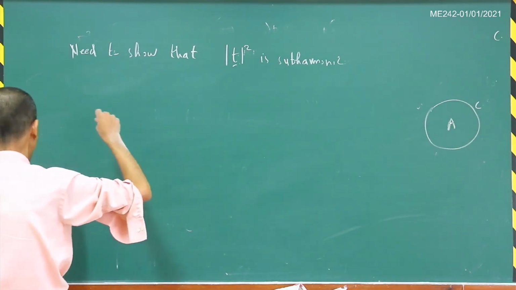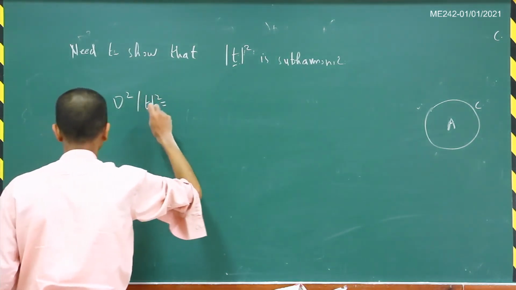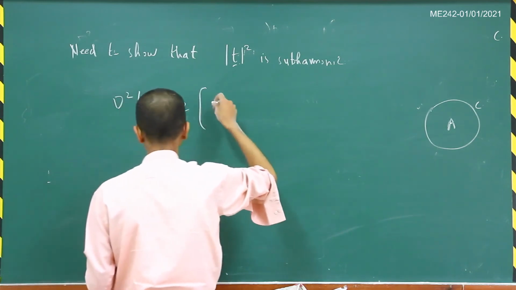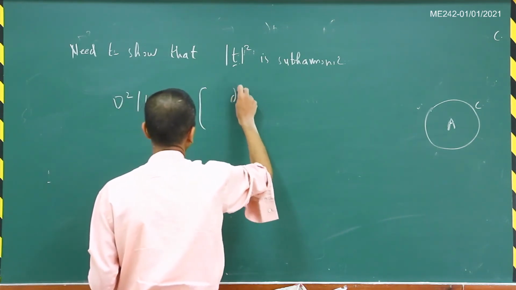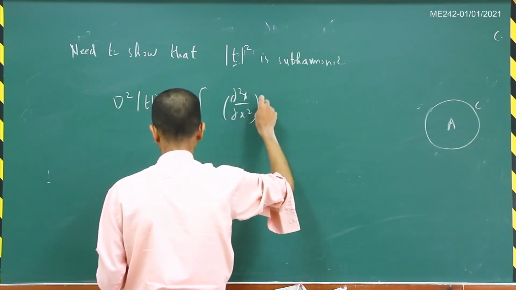So now let's find del square of T square. That is equal to 2 times, if you substitute now for tau xz, tau yz and so on, then after simplification you get del square phi by del x square.